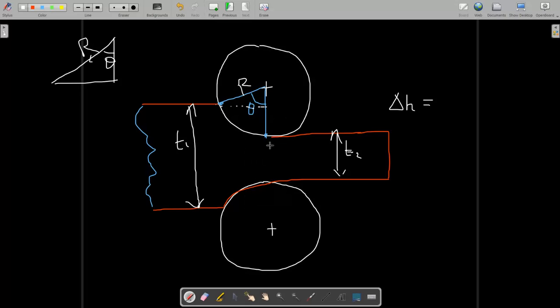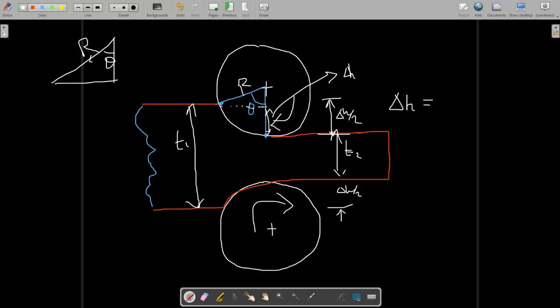This is accomplished by two rollers, not a single roller. So this distance is delta h by 2 and this distance is delta h by 2.